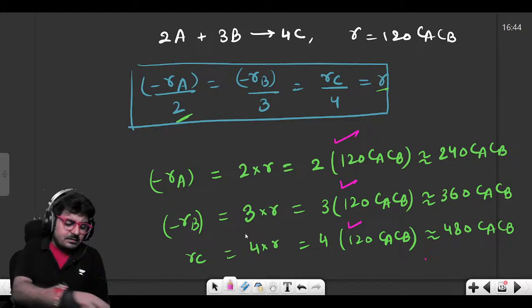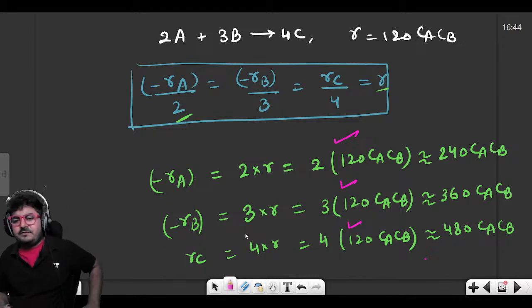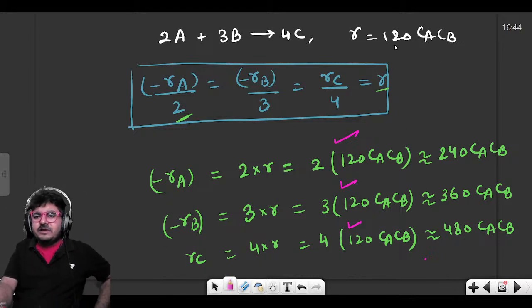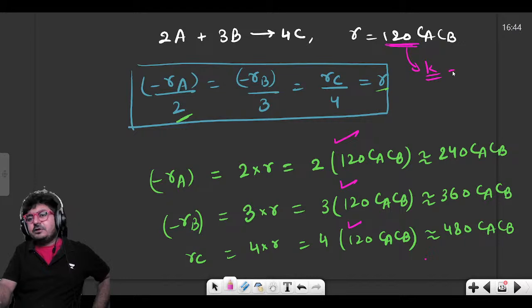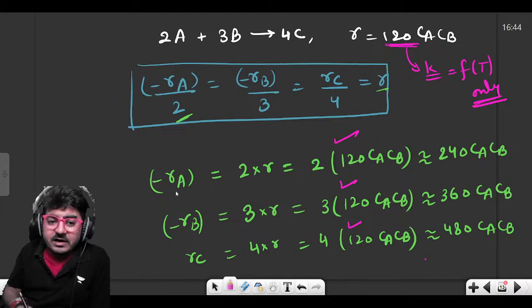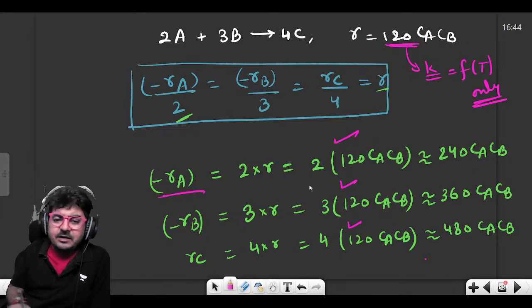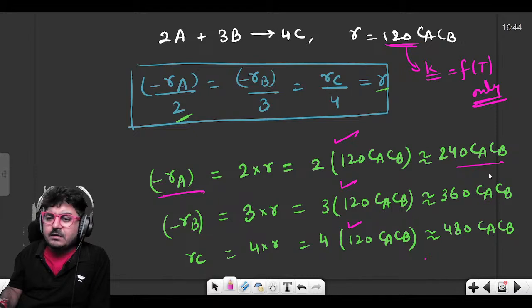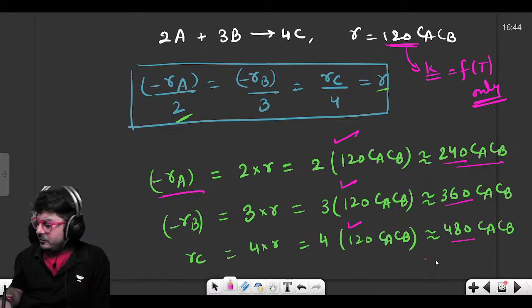writing such expressions. Why? Because rate constant, this 120 is what? You know that 120 is K, and K is the function of temperature only, nothing else. ठीक है, क्योंकि अगर आप माइनस Ra ऐसे लिखोगे, माइनस Ra इक्वल टू 240 CaCb, so the person can think, or you can think like K equal to 240, K equal to 360, K equal to 480.